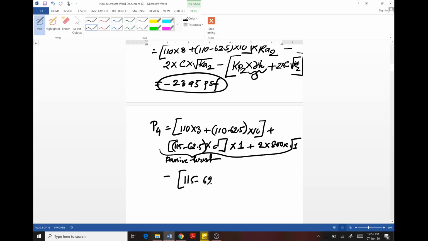So which will be 115 minus 62.5 into D into root over into Ka2, which is 1 minus 2 into 800 into root over Ka2, which sums up 405 psf.